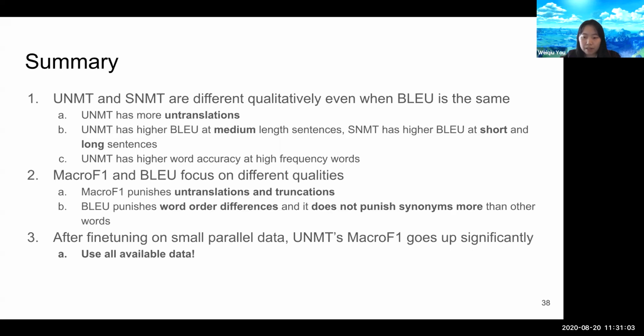Macro F1 punishes untranslations and truncations, while BLEU punishes word order differences, which is good when the word order does affect the meaning. And it does not punish synonyms more than other words, giving more flexibility in words. And we should definitely use all available data, no matter if it's supervised or unsupervised, in low resource settings.